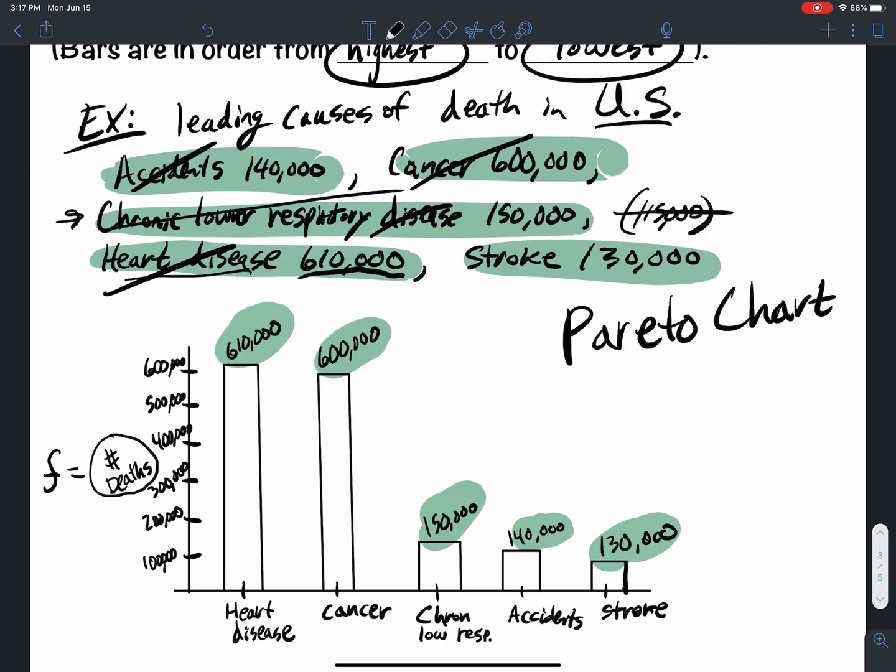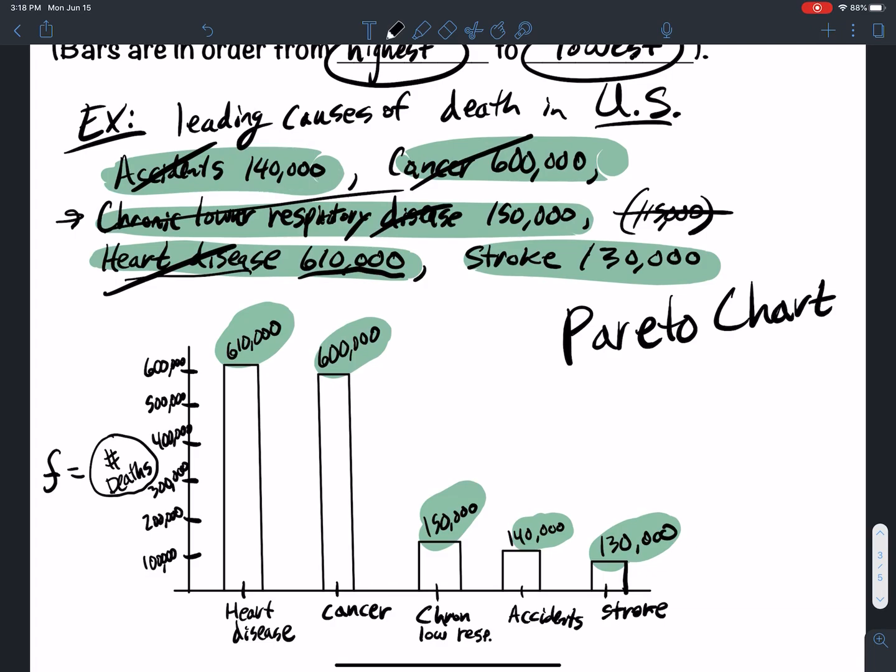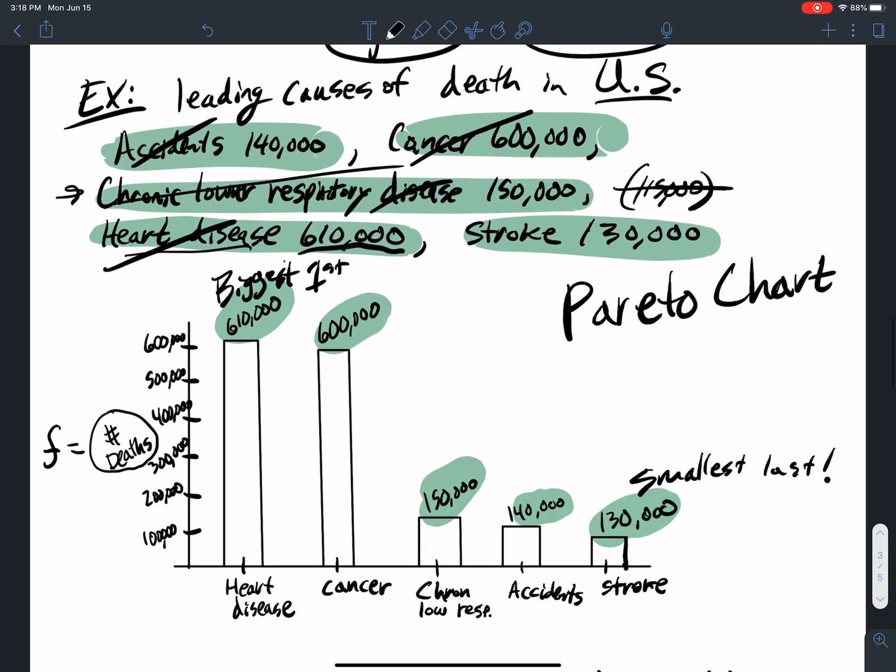I see students all the time get the order random, just the way they see it, and write it out just like that. I don't know how to be more clear. The biggest one first, and then the smallest last, and just go in order in between. So that's the Pareto chart.